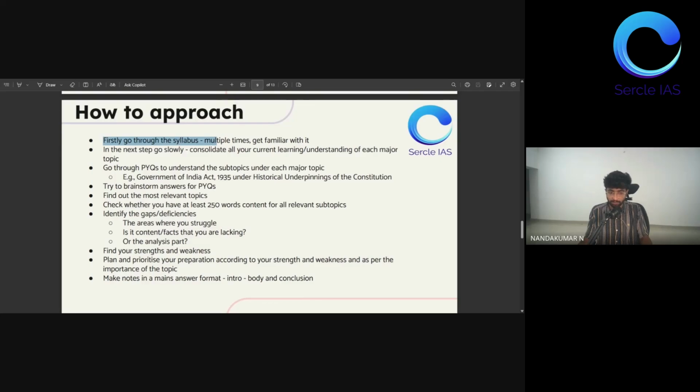For example, the Government of India Act 1935 would come under the historical underpinnings of the constitution. There were questions on this particular topic. So you need at least 250 words of content for a topic like the Government of India Act 1935. Just an example, I'm leaving this exercise to you.